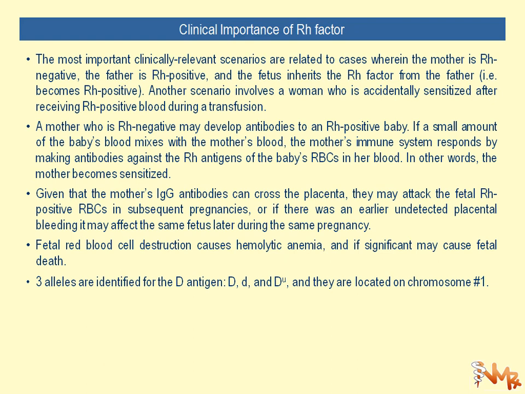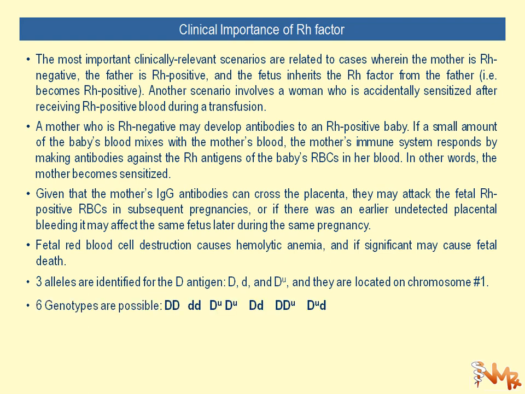3 alleles are identified for D antigen. We denote them with capital D, small d, and capital D with superscript small u on it. And these are all located on chromosome number 1.